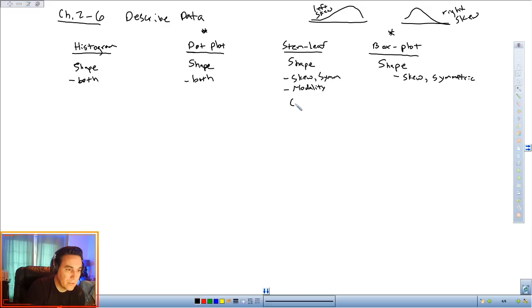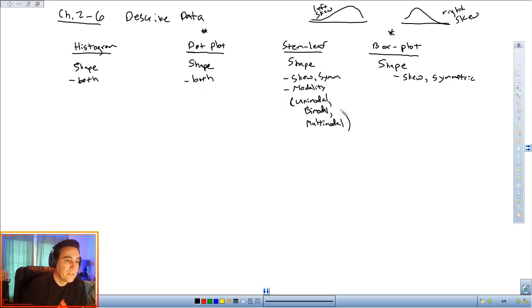Modality is unimodal if there's only really one center, or it could be bimodal. I don't think they'll do anything higher than a bimodal. It could be multimodal, but I don't think you're going to get that. Probably you're not even going to have to worry about it because it's probably just going to be unimodal.